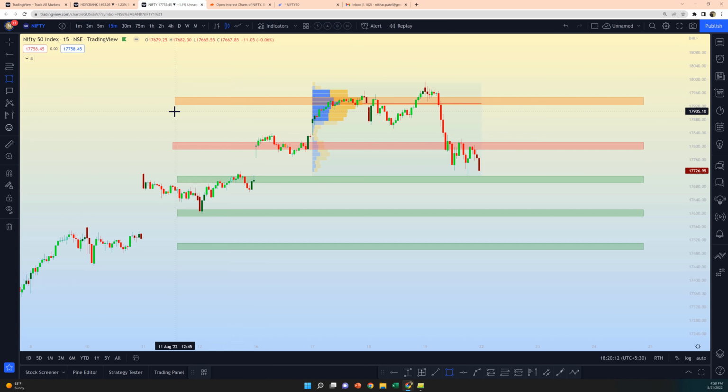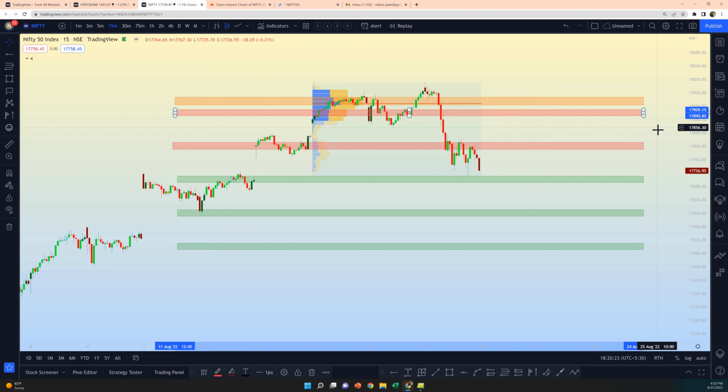So 17,910 to 17,890. Okay, so now what this zone shows us is that this is a huge resistance, wherein a lot of people have written calls here, and this volume profile shows that obviously there have been a lot of exchanges of hands here, and then the price confirms that these exchanges were for lowering the prices, hence this is also a resistance level.